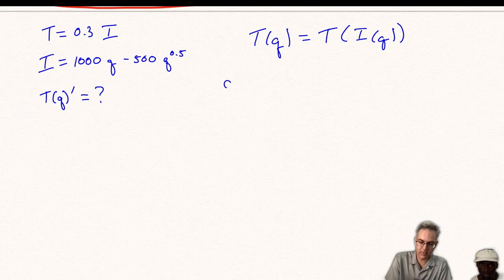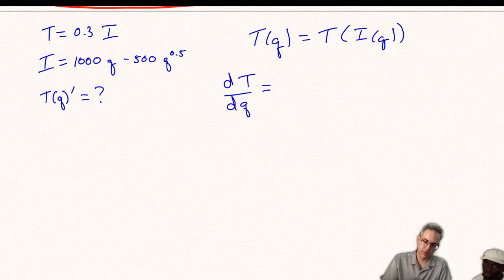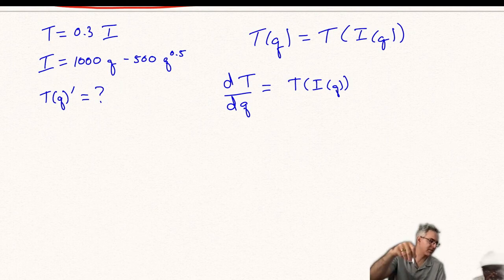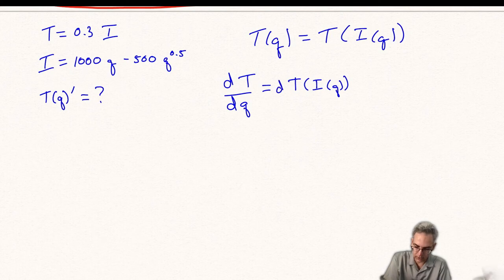So when you ask me, what is dt dq? Well, I don't have t of q. That's not given, but I do know t of I, and I is a function of q. So indirectly, tax is a function of quantity. And you want to know how tax changes as a function of quantity.